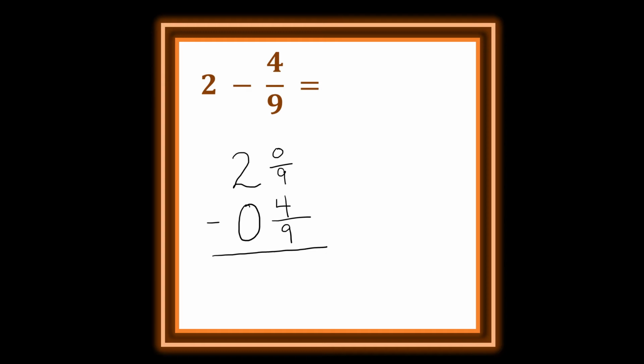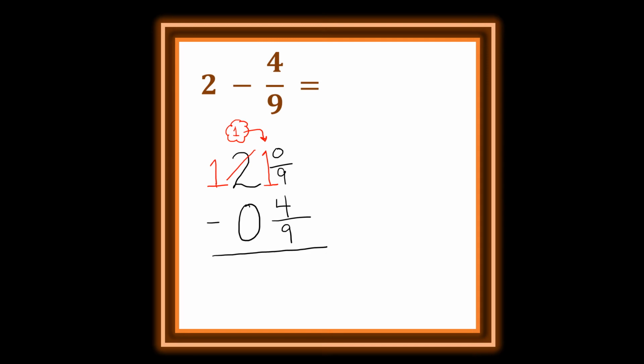Now I can't have 0 and take away 4, so I'm going to have to borrow from the 2. I borrow from the 2, which gives me a 1, and I've borrowed a 1. I'm going to put that 1 right here as a whole number. Now I have a mixed number.